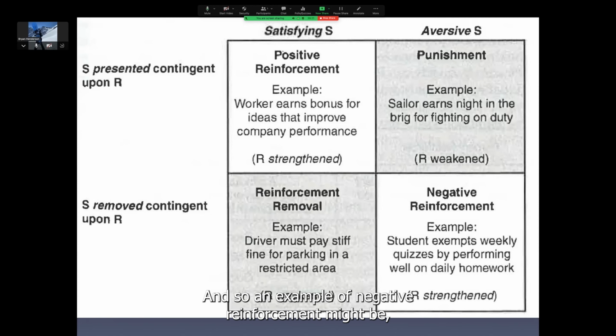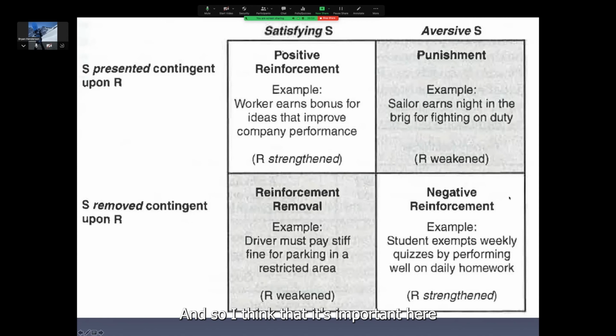An example of negative reinforcement might be the sound that plays in your car before you buckle your seatbelt. Often that sound is designed to not be pleasant, and that sound does not go off until you buckle your seatbelt. So what's happening is that you're being presented with a stimulus that's aversive. You don't like it. And it's not taken away until you do a behavior that is trying to be reinforced, and that behavior is buckling your seatbelt. So that would be an example of negative reinforcement.